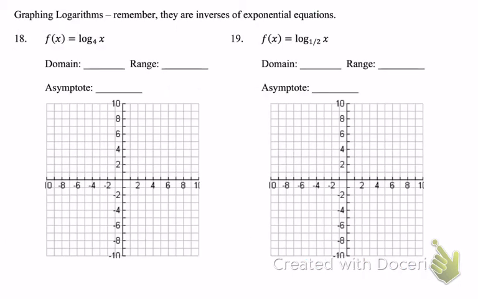So the last thing we're going to talk about in this lesson, and then we are done, is graphing logarithms. They will always be done in the calculator, so we can't do these without a calculator, but they are inverses of exponential equations.